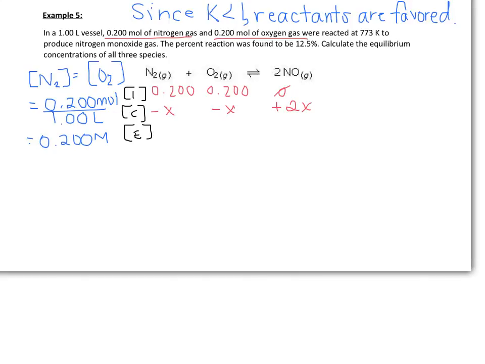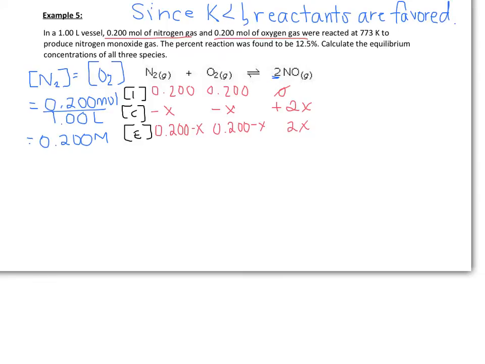Again, notice in this case that our product is twice as big as either one of our reactants, so we're going to represent that as plus 2x. Then our equilibrium line is the first two put together. So 0.200 subtract x, 0.200 subtract x, and then 2x.